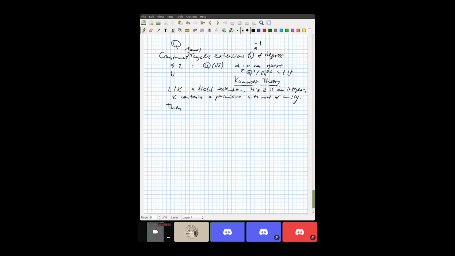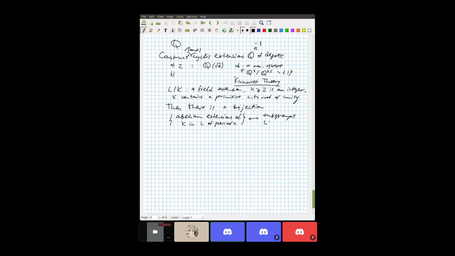Then there is a bijection between abelian extensions of K inside L of period n, and subgroups of the following quotient.